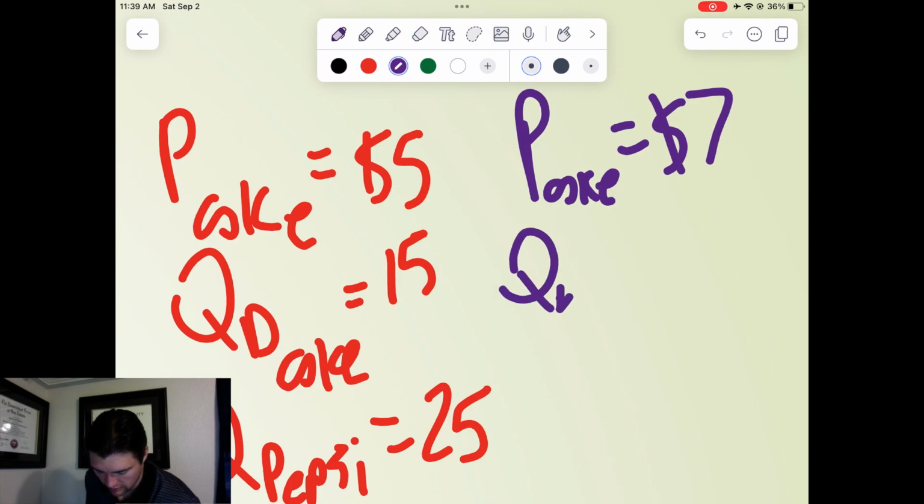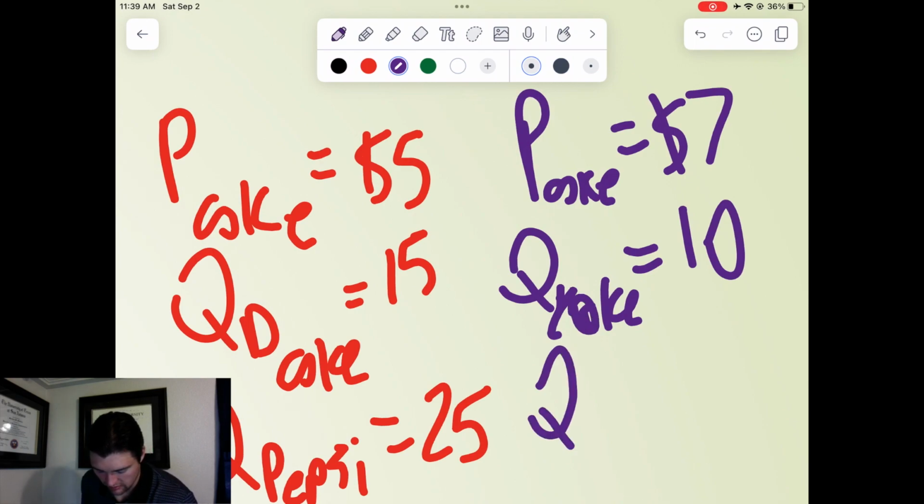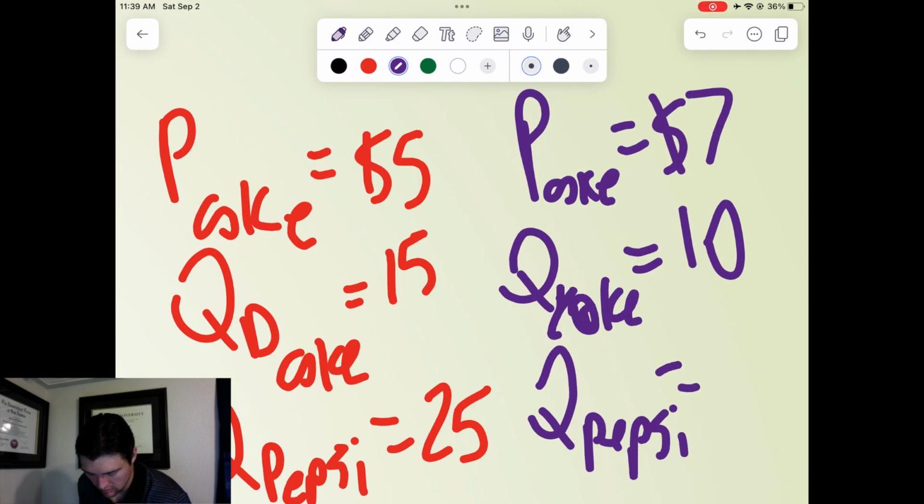What would happen to the quantity of Coke? It would go down, let's say to 10, and then let's say the quantity of Pepsi goes to 35.